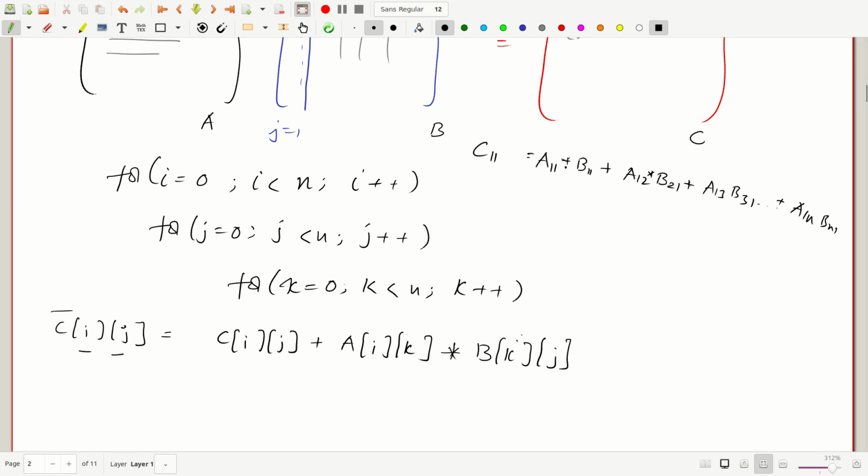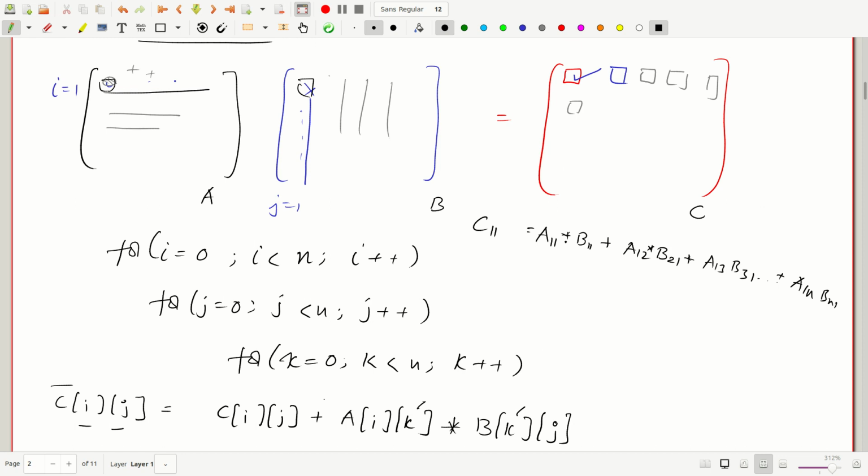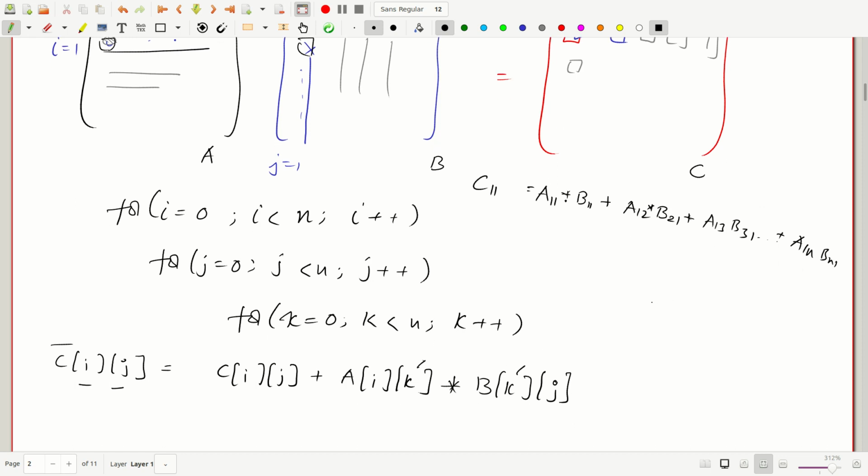Here k acts as the pseudo row. Okay, so this is pseudo column, this is pseudo row, and accordingly we have this final implementation for the matrix multiplication. Essentially we have 3 for loops. Now what about parallelizing this? Is there a loop carry dependency or a data dependency?